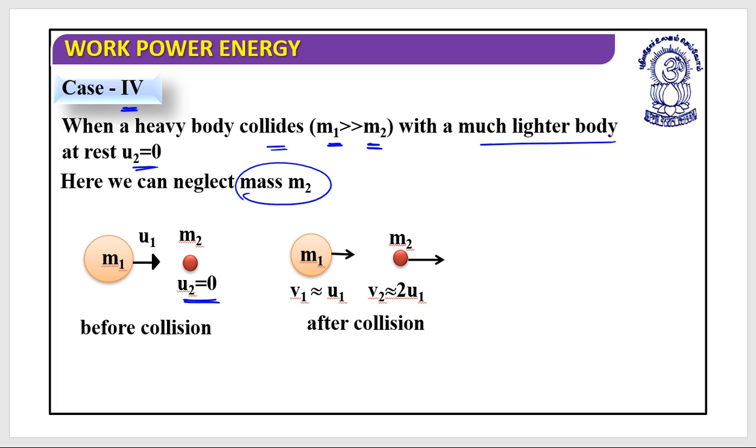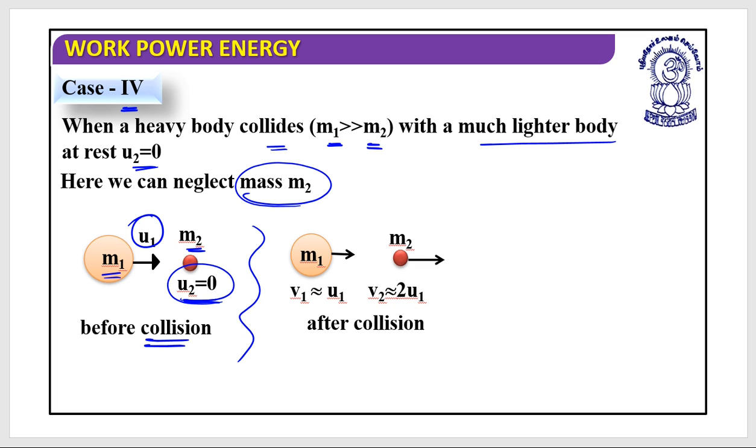So now here we can neglect the mass m2. When we neglect the mass m2, the situation before collision is: the mass m1 is moving with a speed of u1, and the second object m2 was initially at rest, this is u2 equals 0.